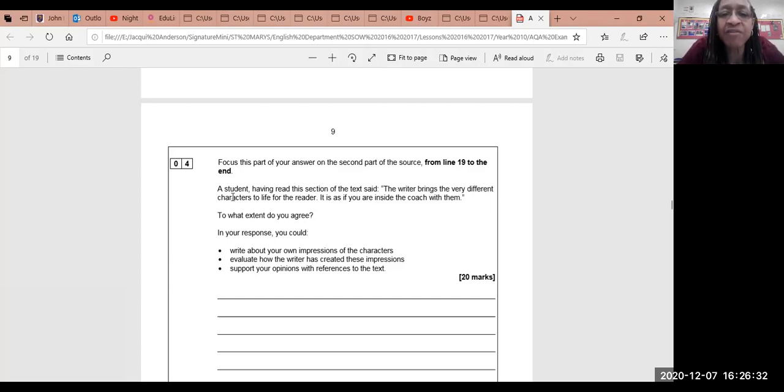It says a student, having read this section of the text, said the writer brings the very different characters to life for the reader. It is as if you're inside the coach with them. To what extent do you agree? In your response, you could write about your impressions of the characters, evaluate how the writer has created those impressions, how they've used language, but you also need to make sure that you support your opinions with references to the text.